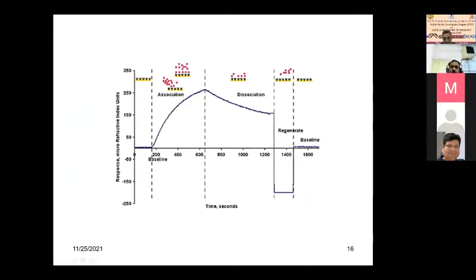So these are the phases you have. Here is the baseline, where you have not injected your interaction partner, your antigen. As you put your antigen through the fluidics, it starts interacting with the antibodies. This is called the association phase, which lasts up to a certain time.